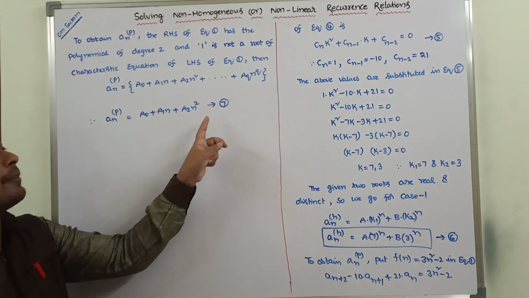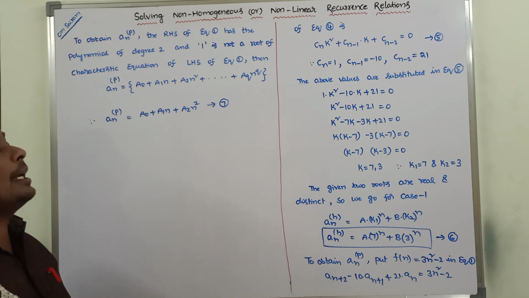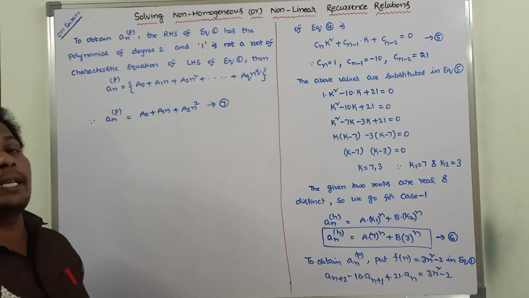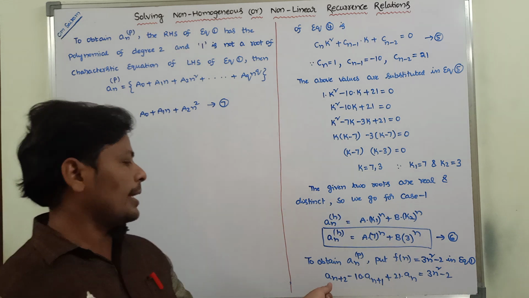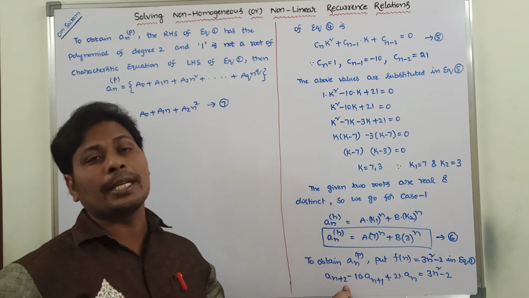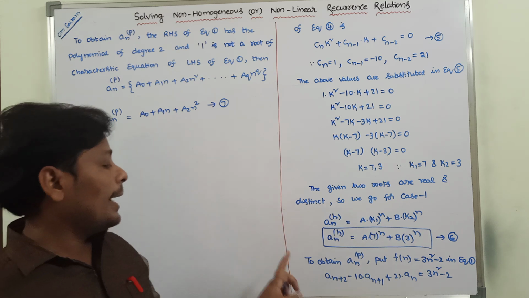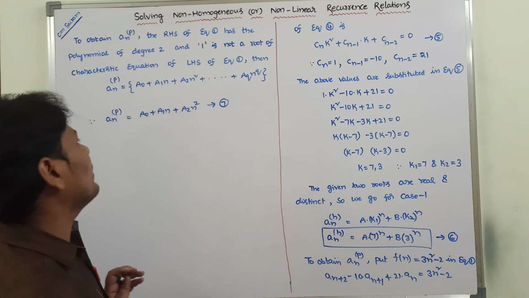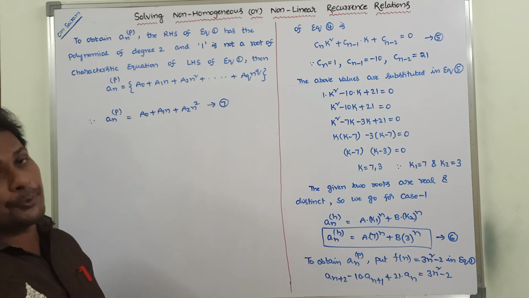Okay, this equation 7 can be substituted in equation 1 whenever a suffix n is there in equation 1. Okay, here this is equation 1. Okay, here a suffix n plus 2 is there. Here a suffix n value is this one. A suffix n plus 2 is nothing but whenever n is there we have to substitute n plus 2.